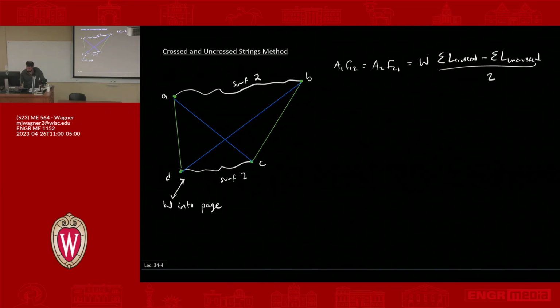So for this case, it would be equal to W times LAC plus LBD minus LAD plus LBC, divided by 2.